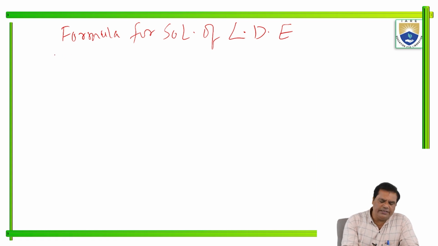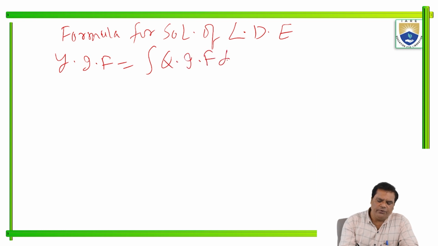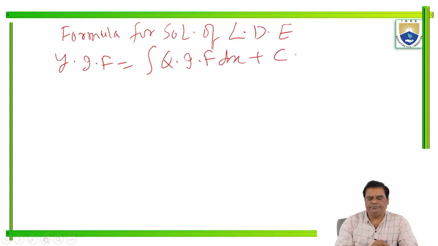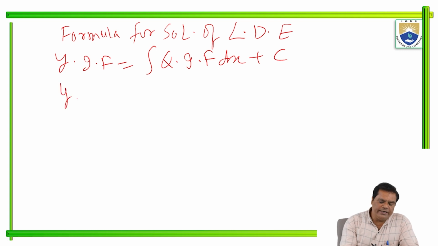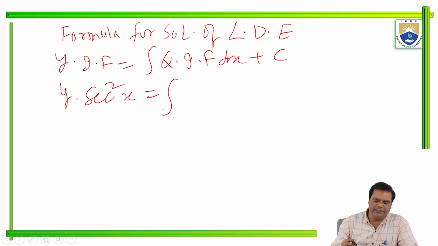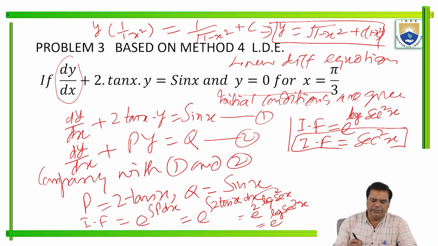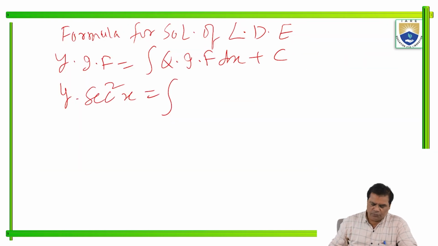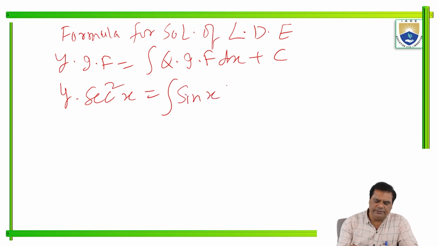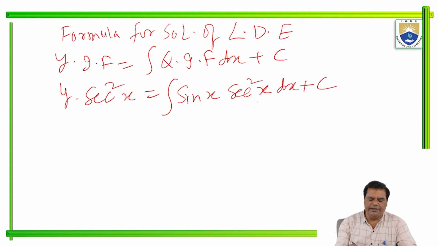This formula is y times IF equals the integration of q times IF dx plus c. So y times IF, which is sec square x, equals the integration of q, which is sin x, times IF, which is sec square x, dx plus c.